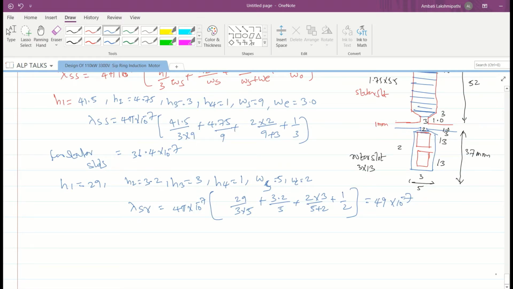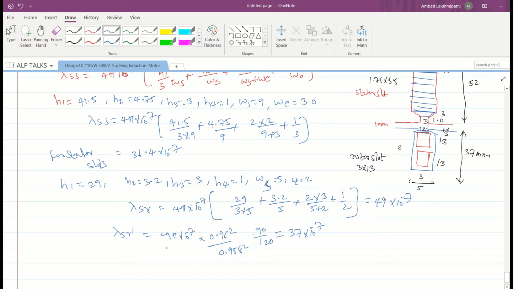Let's refer this rotor value to the primary side, otherwise the stator side. We get 4 pi into 10 power minus 7 into 0.96 whole square divided by 0.958, these are the coefficients, 90 by 120. So we get 37 into 10 power minus 7.